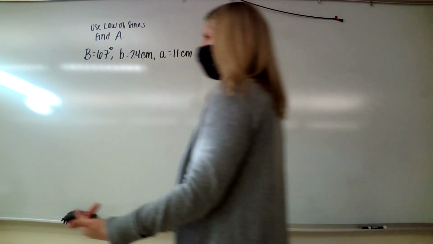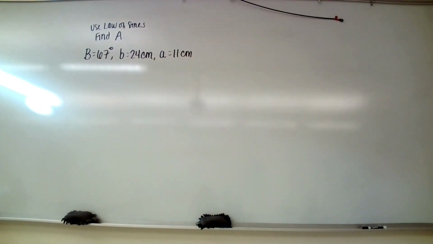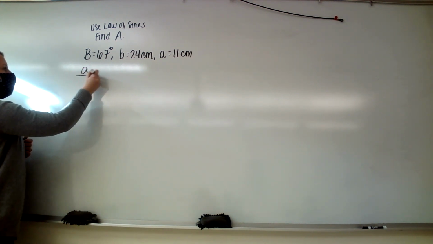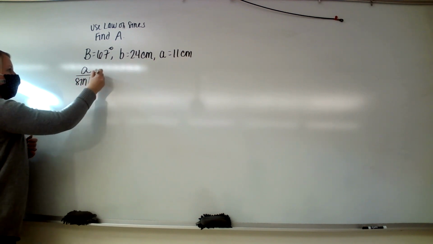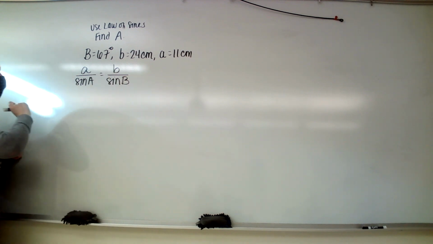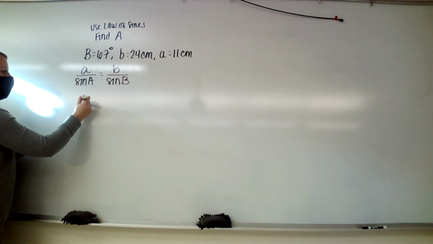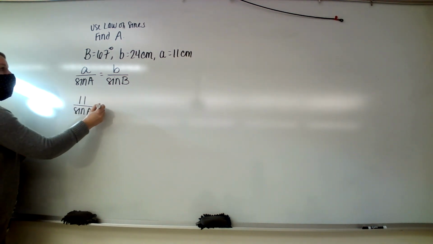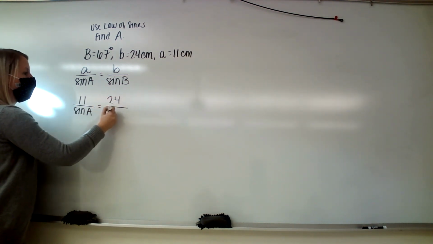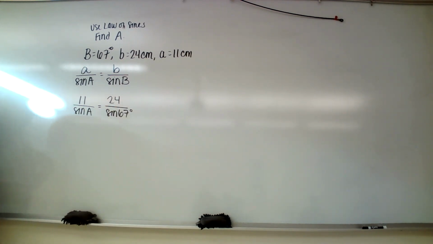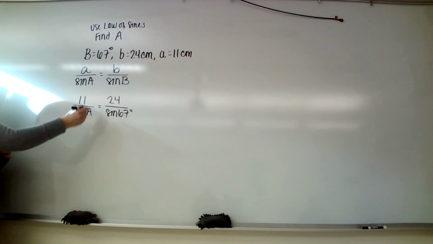All right, my friends. Let's go over this one and then we'll kind of wrap it up from here. So I'm focusing on A's and B's. I've organized myself first, and now I plug in what I know. So I have 11 over sine of A, because that's what I'm looking for, equals 24 over sine of 67 degrees. Okay, so I have my setup. You just go into your regular little steps here.